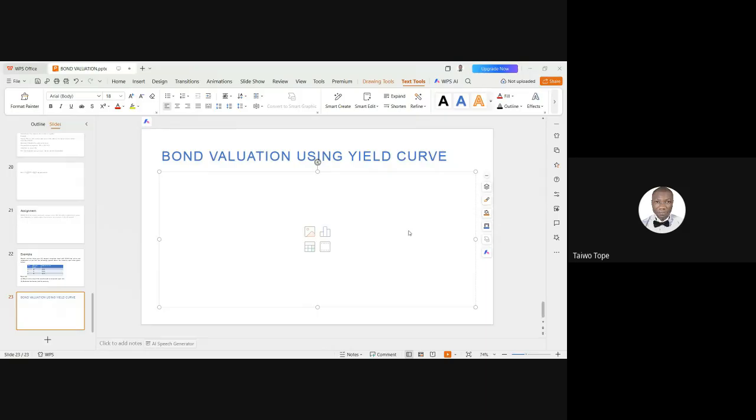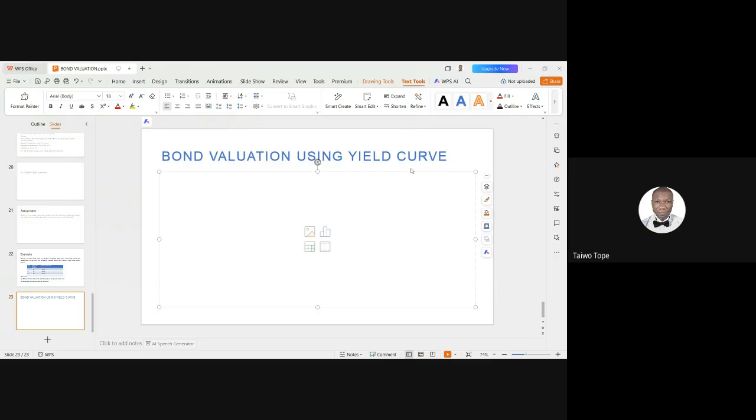If you look at the notes I forwarded to the platform, I put some characteristics of bond in that note, which include issuer, maturity, par value, coupon rate and frequency, currency denomination, credit rating, and so on. In the last class, we also talked about yield.